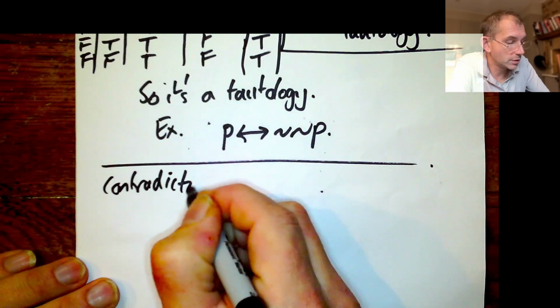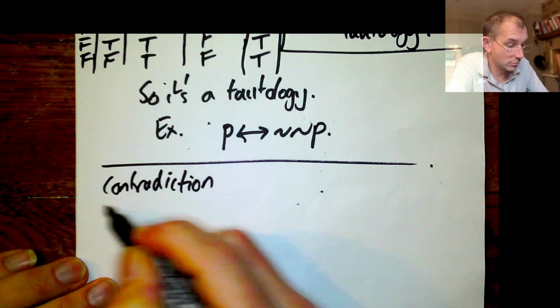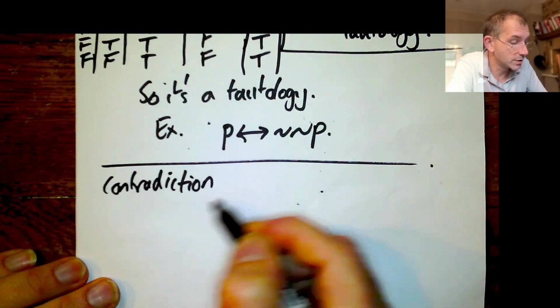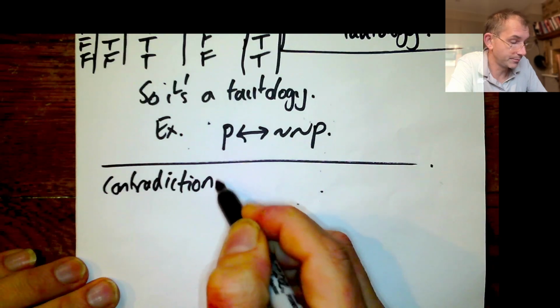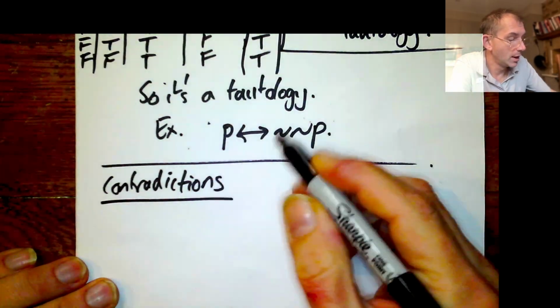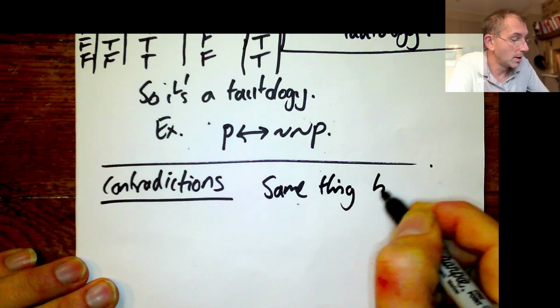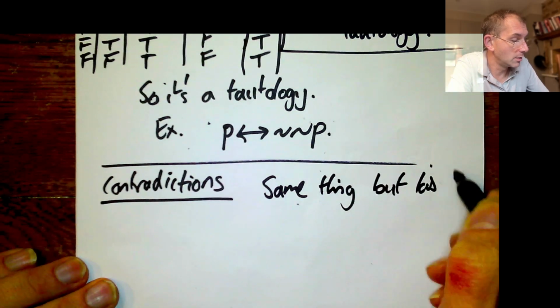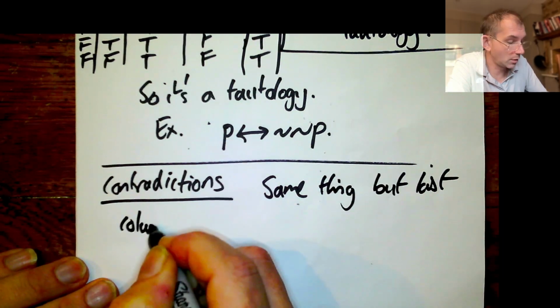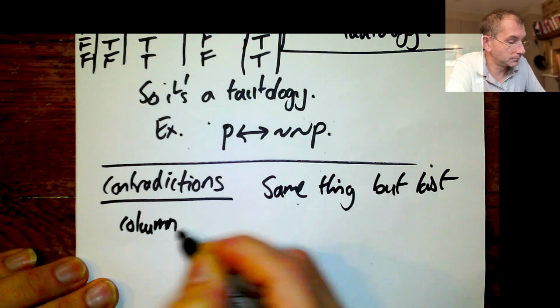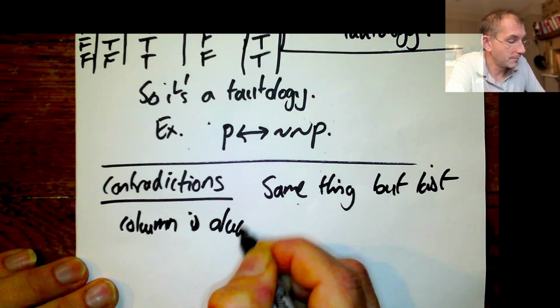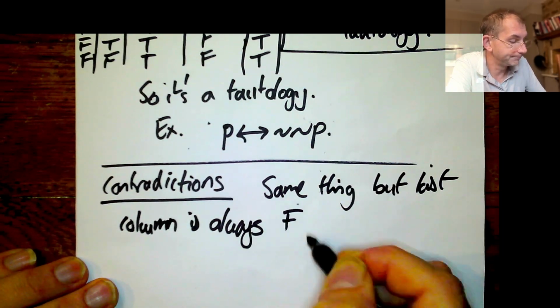So contradiction is you're saying something which goes against what's already been said. So this is the same thing, but the last column is always false.